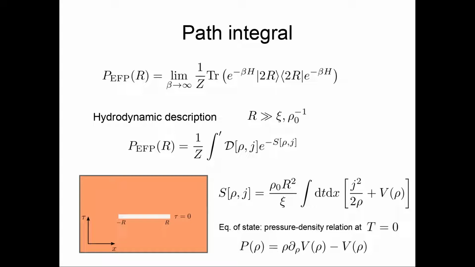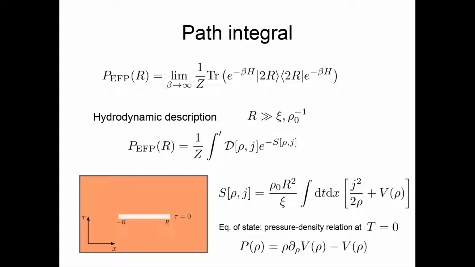One imagines that the ground state can be projected onto by evolving for sufficiently long time, which will be taken to infinity in the imaginary time, and project to the empty interval, which I denote here by the state, this projection to R. So you see that we have some kind of evolution from somewhere in the distant past to something which I consider to be time equals 0, and then back to the distant future.